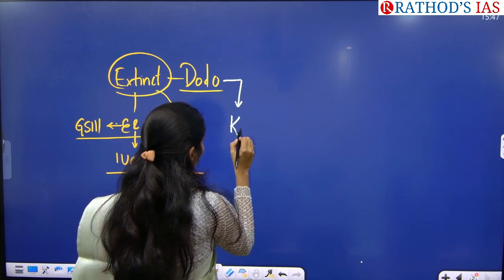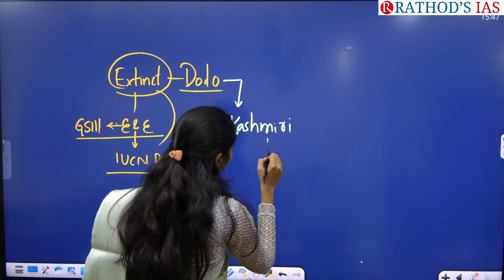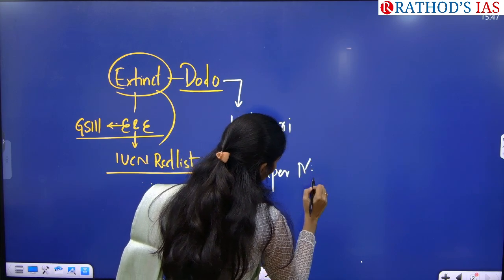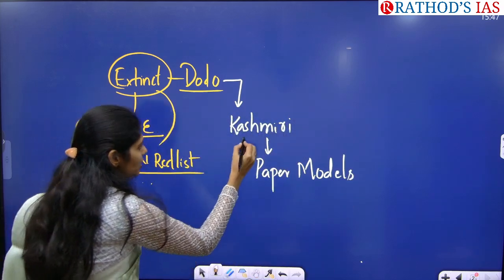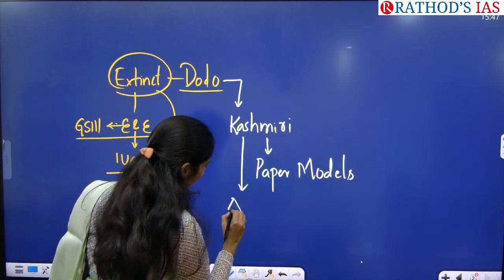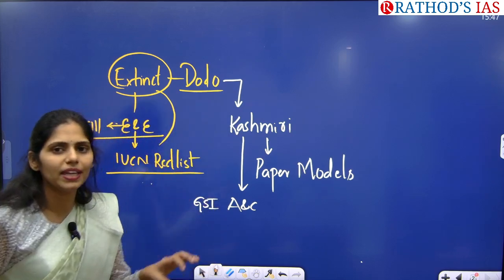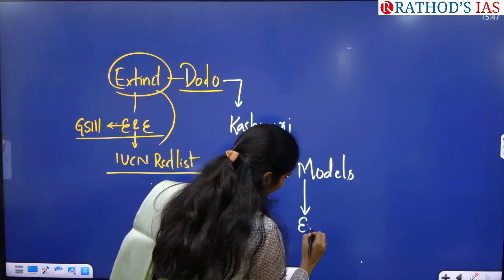Especially Kashmiris, they are making paper models of the species. That means they are trying to preserve the culture. Okay, art and culture from GS paper 1. And they are not only making and selling in their regions, but they are also trying to export.